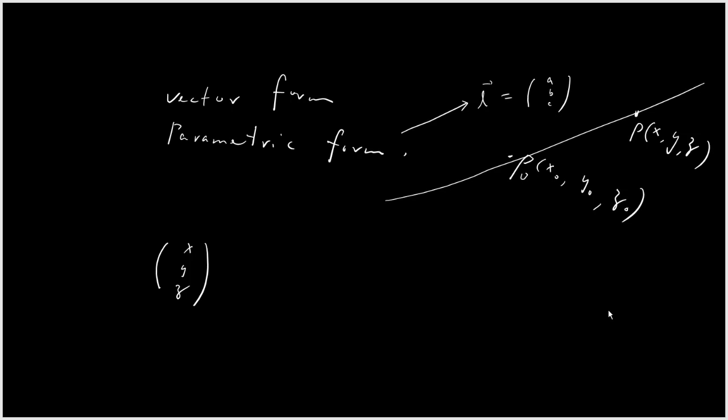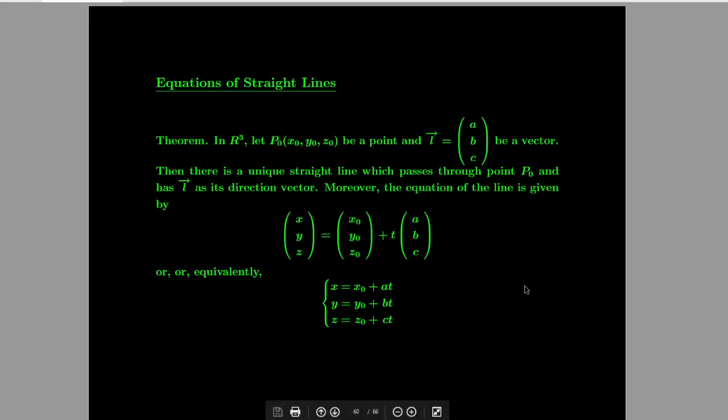A point P can determine a position vector with first component x, second component y, third component z, right? Now the vector equation is the following.